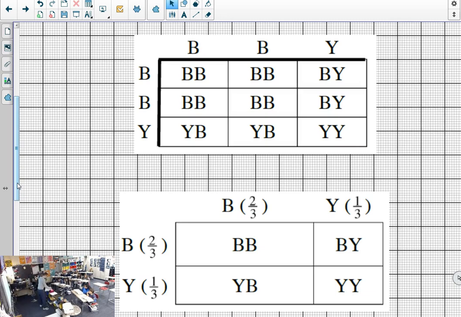I still hear question marks. I have 2 pink TI-84s. Are these the same thing? If I pick up this one, is it the same as this one? This gets into that whole theory side, right?